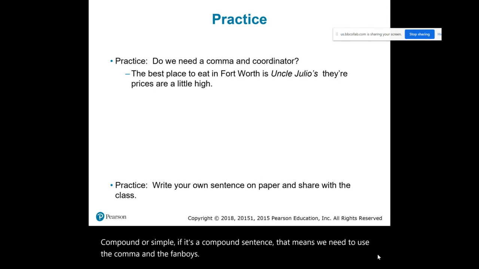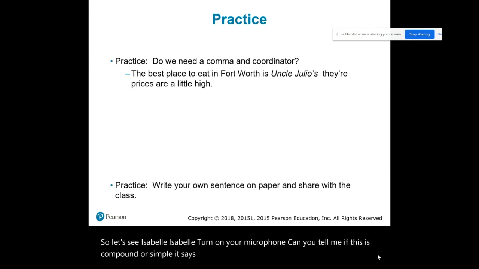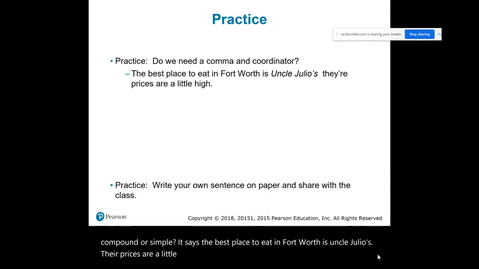If it's a compound sentence, that means we need to use the comma and the fanboys. So let's see. Isabel, turn on your microphone. Can you tell me if this is compound or simple? It says the best place to eat in Fort Worth is Uncle Julio's. Their prices are a little high. What do you think about this one?